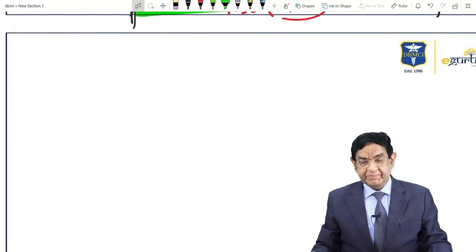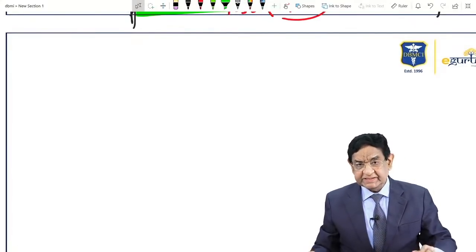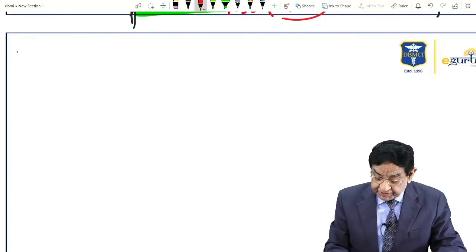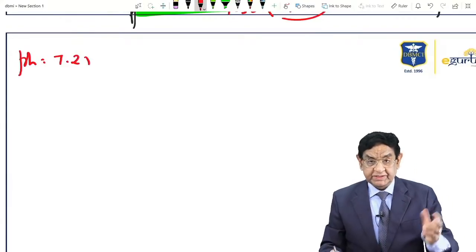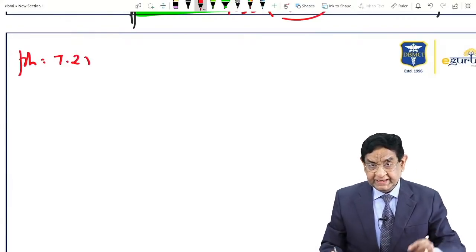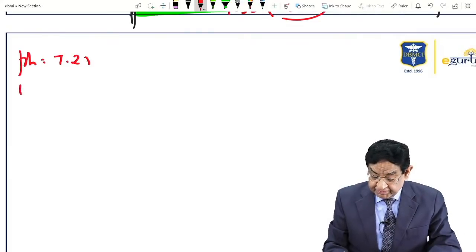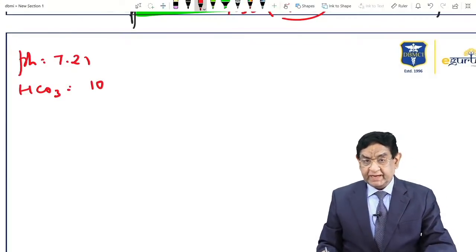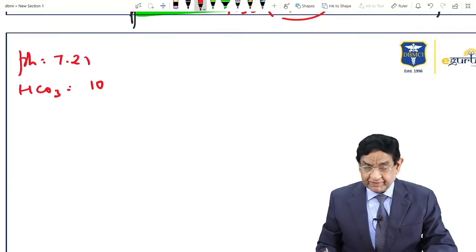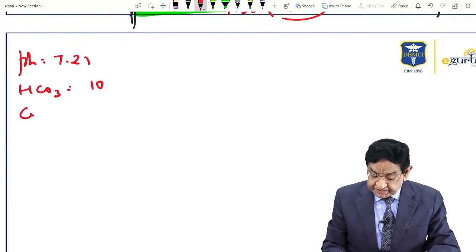Let's take an example. Once we learn the basics, then things will be very, very easy for you. Let's take a case where pH is 7.21. What is this? Acidic. We know anything below 7.40 is acidic. Bicarbonate is 10. Low bicarb is metabolic acidosis, that we know very well. PaCO2 is 40, which is normal.